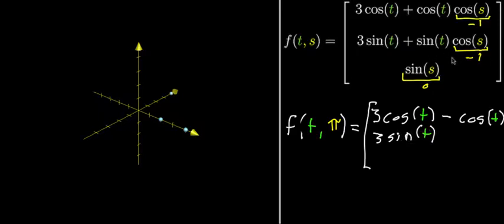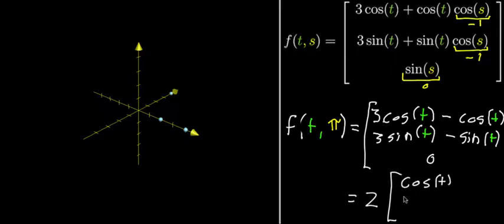And then minus 1 times sine of t. So minus sine of t. Keep drawing it in green just to be consistent. And then the bottom stays at 0. And this whole thing actually simplifies. 3 cosine t minus cosine t, that's just 2 cosine t. And then same deal for the other one. It's going to be 2 sine of t.